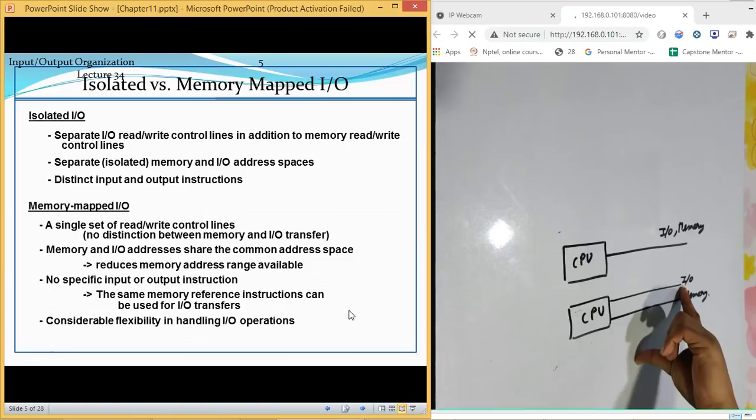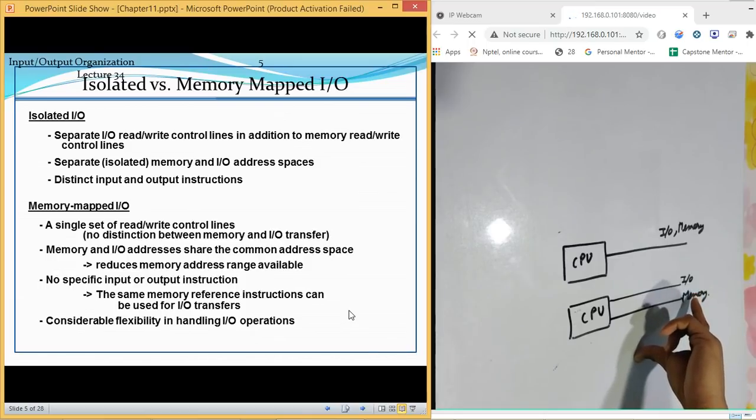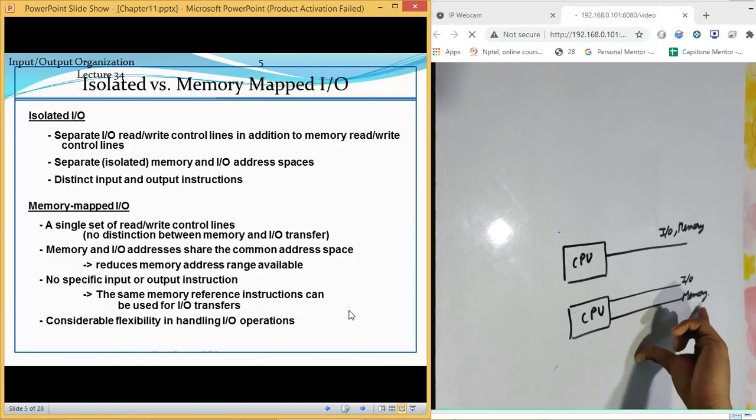Separate input output lines for read and write of peripheral devices and separate lines for memory read and write. So this will have different control lines for input output and different control lines for memory operations.